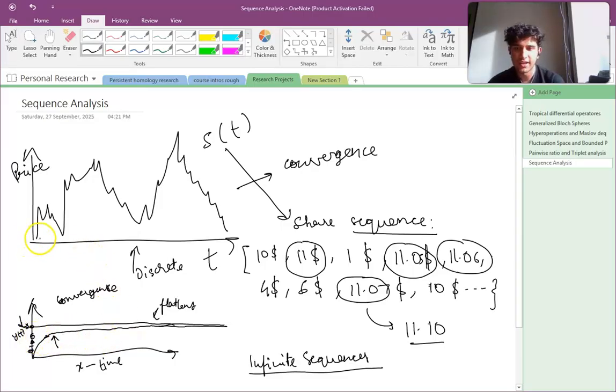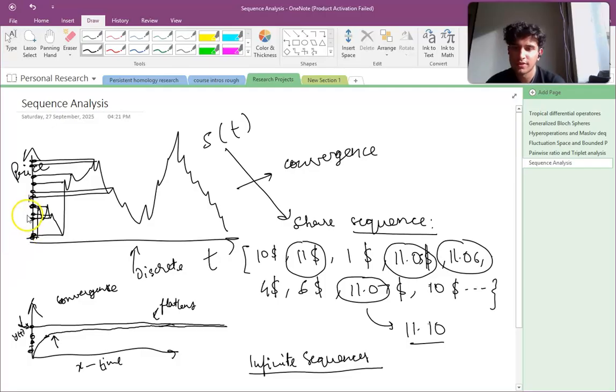Similarly, I plot this point over here, then go back to this point over here, and so on.